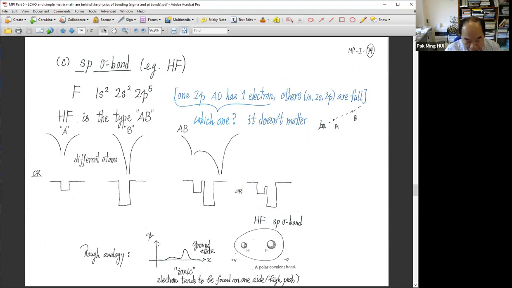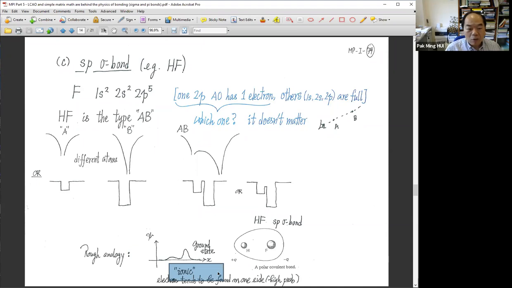So I exercise this sense. I just sketch roughly what I think of as the ground state wave function for this 1D problem. And you see, you will have more chance to find the electrons in one well than the other. You don't have the symmetry when the wells are identical. Interpreting this as the electron probability, that gives us ionic character, right?